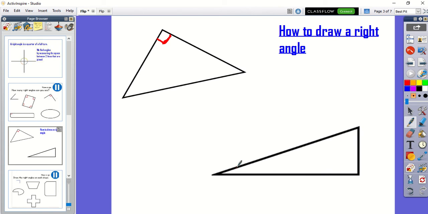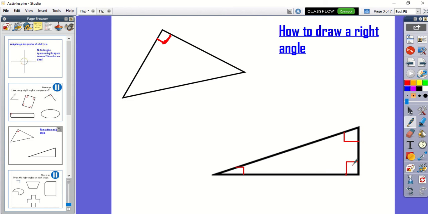Same with this one. If I try to draw one here, not a square, not a square. But here I can illustrate. I can make a pretty decent square. I'm quite proud of that.